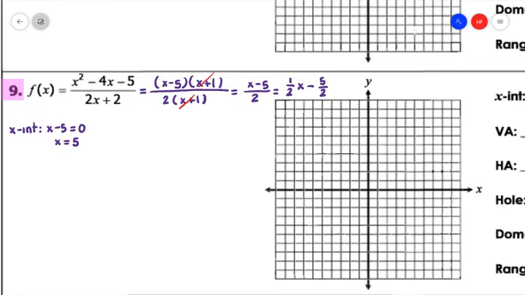So at x equals 5, we're crossing the x-axis. Then our vertical asymptote by setting our denominator equal to 0. 2 equals 0 cannot happen, so we have none.